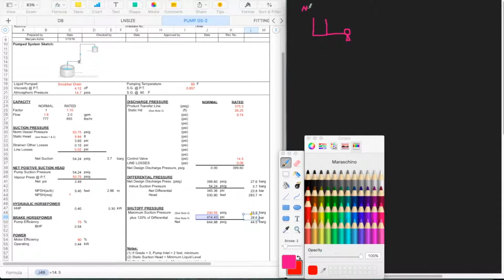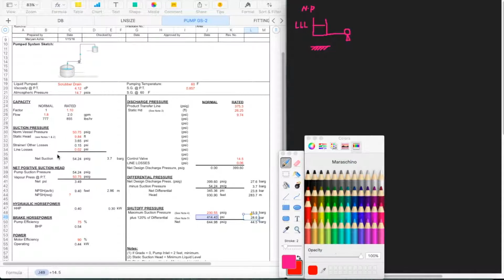We also know that this tank has a level, based on the elevation that this tank has from grade, and we can figure out the static head. But usually for a vessel on the suction of the pump, we use the low liquid level to calculate static head.